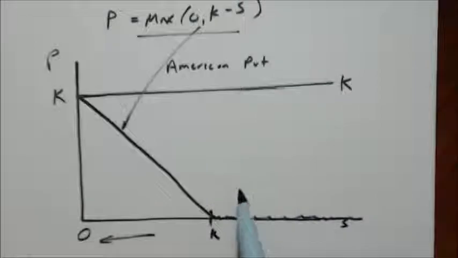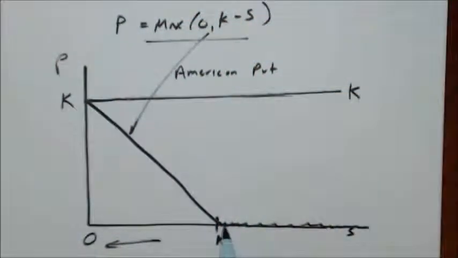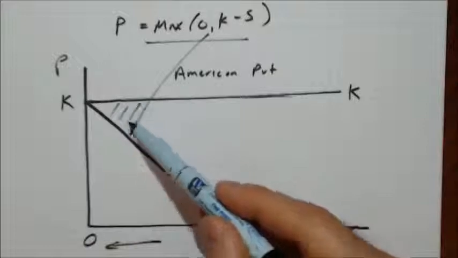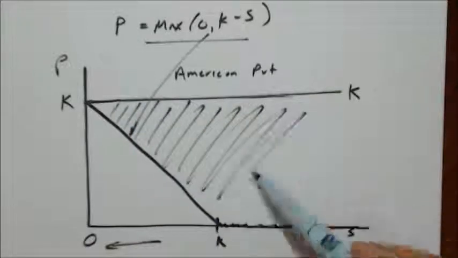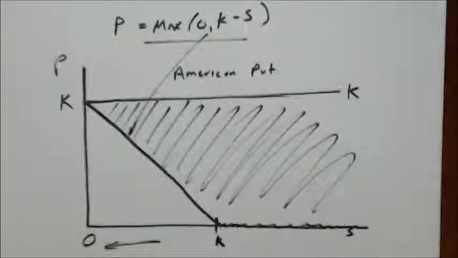The value is worth anything along here if it's in the money, and if it's out of the money, it's along here. So that's the boundary. Basically it's saying the option value can fall anywhere in here for an American put.